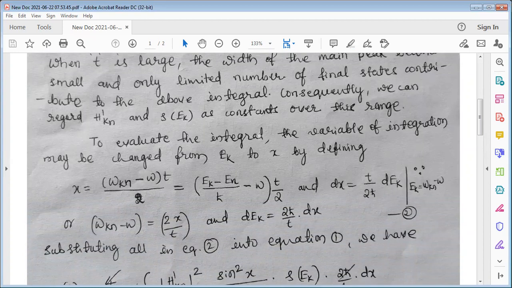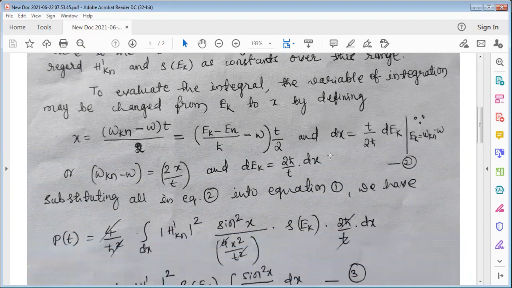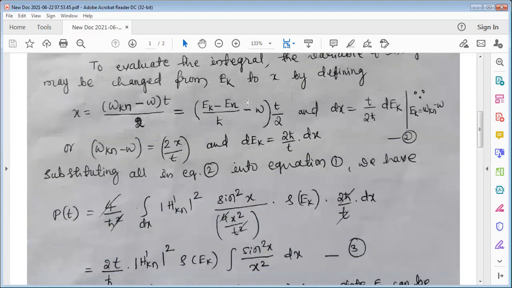To evaluate the integral, the variable of integration may be changed from Ek to x by defining x equal to omega kn minus omega, multiplied by t divided by 2.